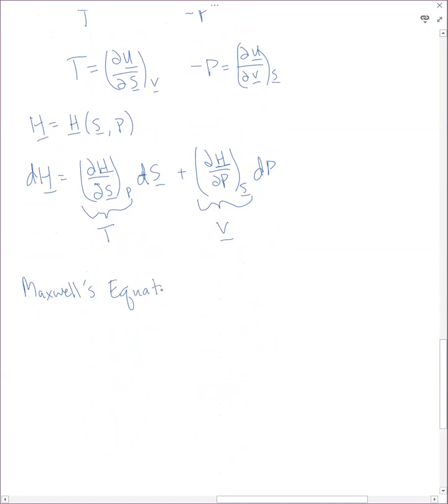Maxwell's equations. So Maxwell's equation starts by recognizing another useful property from partial differential calculus, which says that when you take the second derivative of a function with respect to both independent variables, the order doesn't matter.